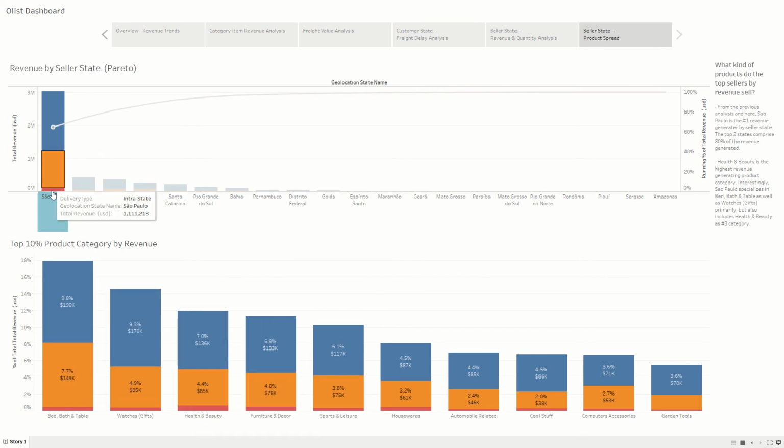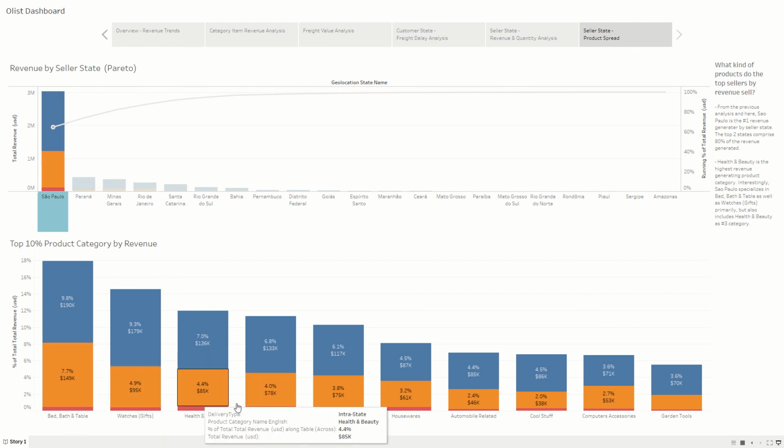So within all the sellers in Sao Paulo, how many fall into the bed, bath, and table category, how many watches, and so forth. Then we can also tell the proportion of same state, intrastate, and interstate.